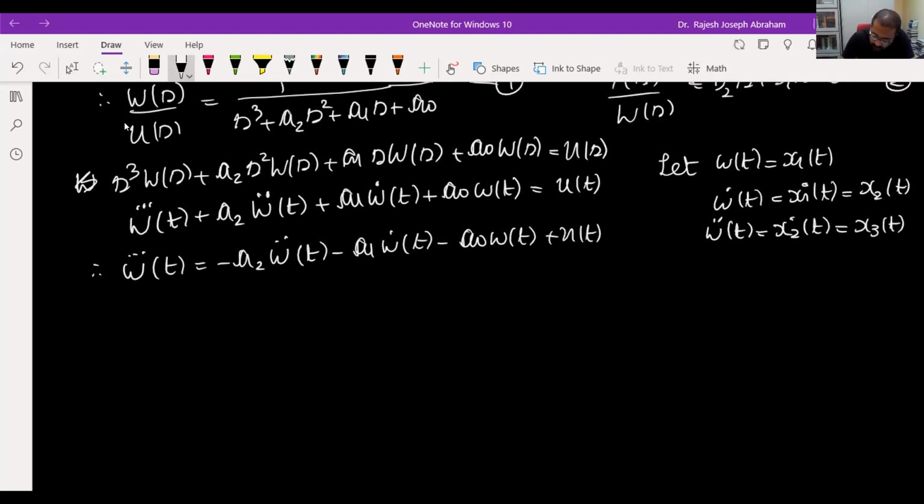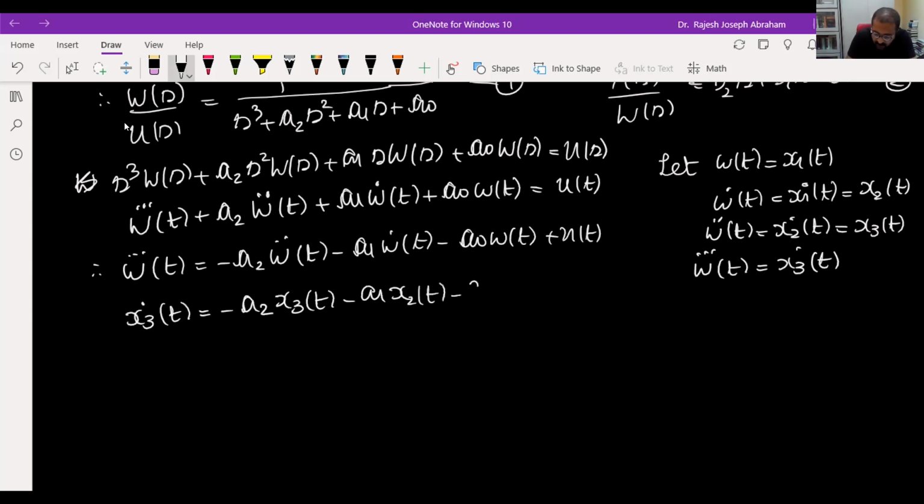And finally, w triple dot t will be nothing but x3 dot. So I can rewrite this equation in terms of the state variables. Instead of w triple dot, I have x3 dot t. So x3 dot t equals minus a2 into w double dot, which is x3 of t, minus a1 into w dot, which is x2 of t, minus a0 into x1 of t plus u of t.